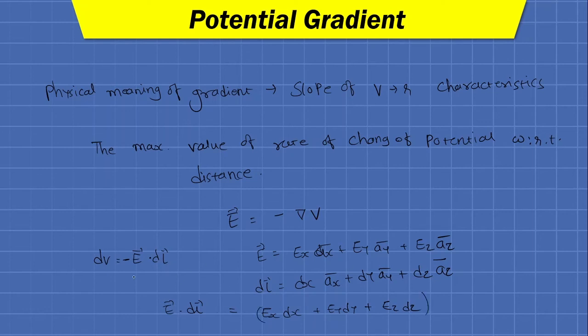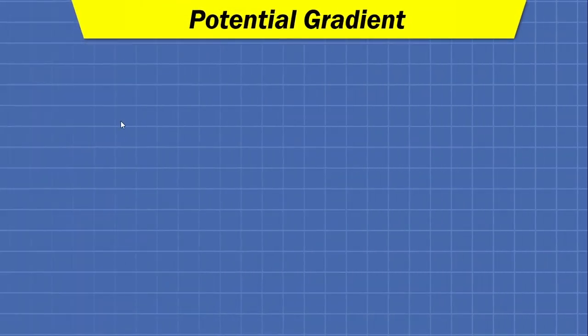and hence the gradient of V, not divergence, gradient of V, is nothing but del V by del x ax bar plus del V by del y ay bar plus del V by del z az bar.